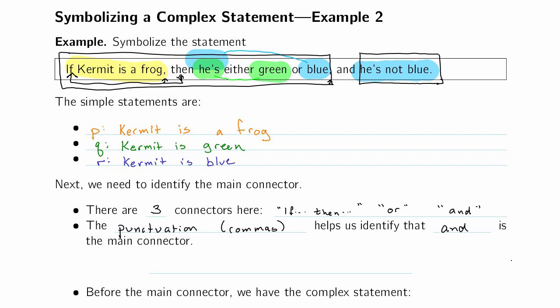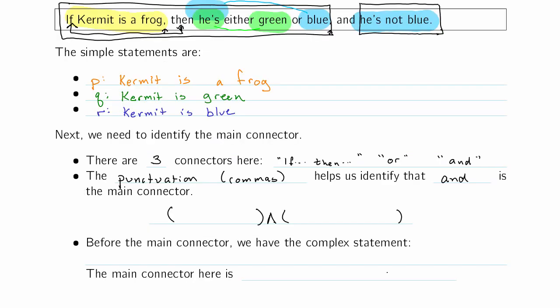And also, as you practice these in the homework, you will get more comfortable with them. So our main connector is an and. We'll have something before the and something after the and. What do we have before the and? Before the and, we have the very long, if Kermit is a frog, then he's either green or blue.